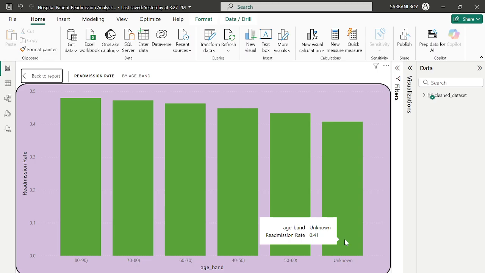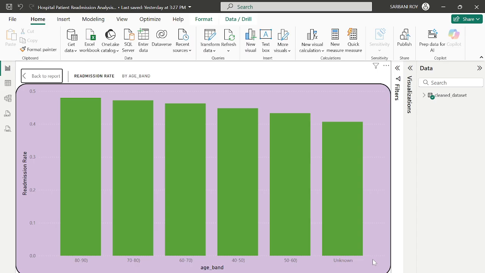The clinical interpretation that we observe here is that this chart clearly suggests that age is a major factor influencing hospital readmission. As patients grow older, the readmission risk increases steadily.